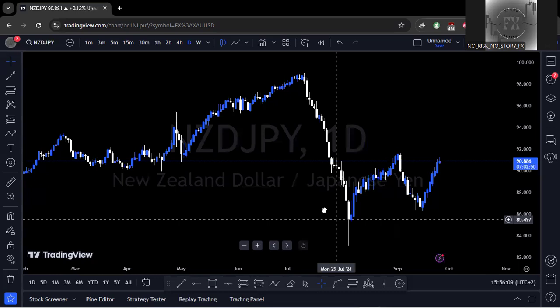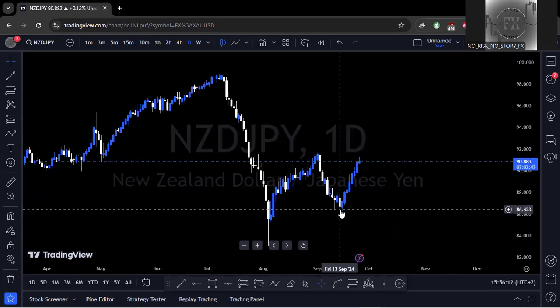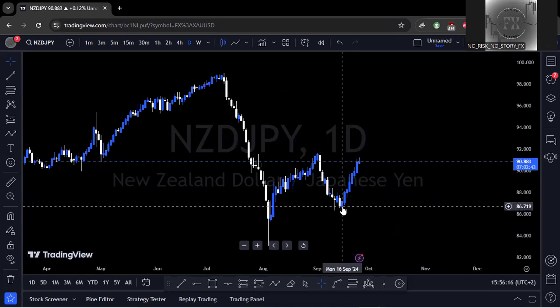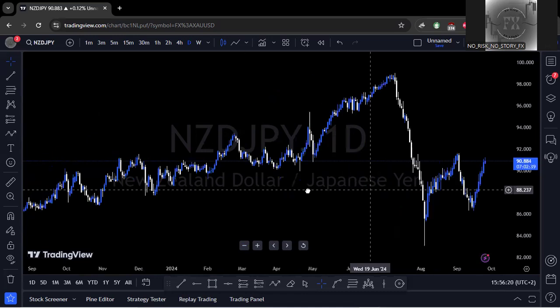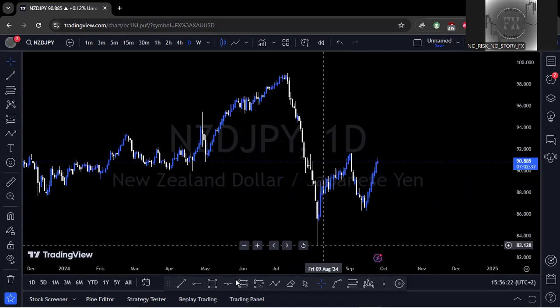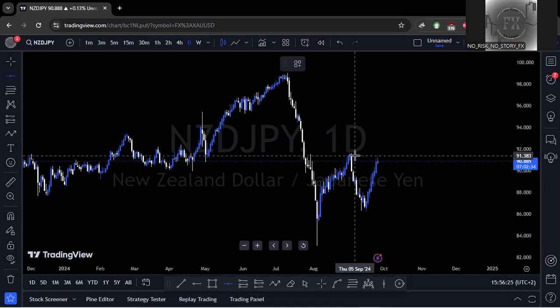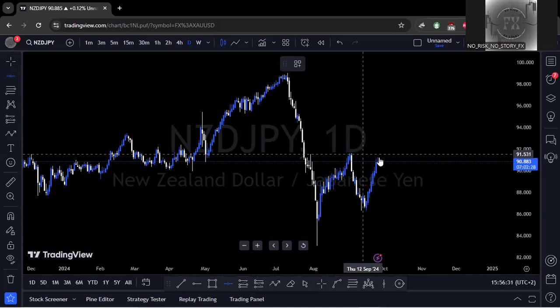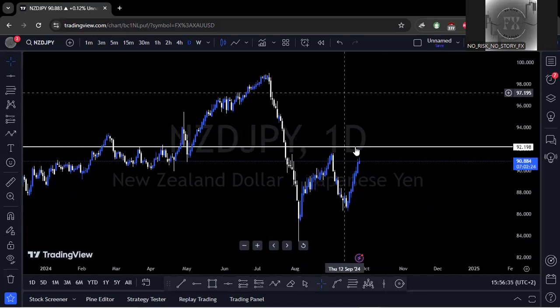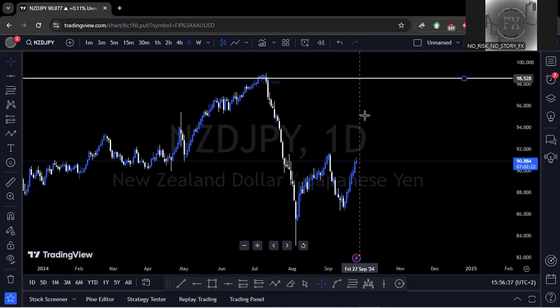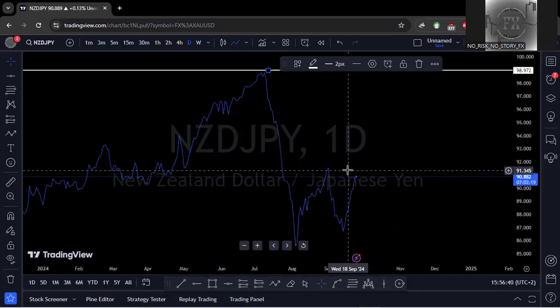So with that knowledge in mind, I know that I should be looking for the same thing that I saw on GBPJPY, because these pairs are exactly the same for me. So this is my current highest point here, right? Line chart.